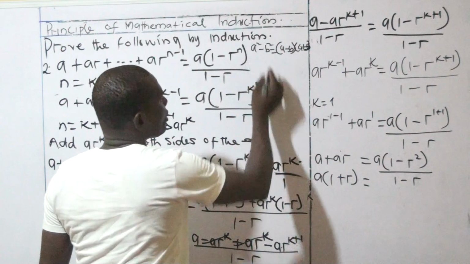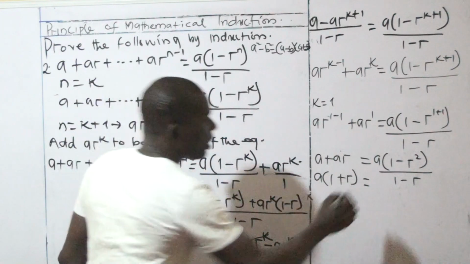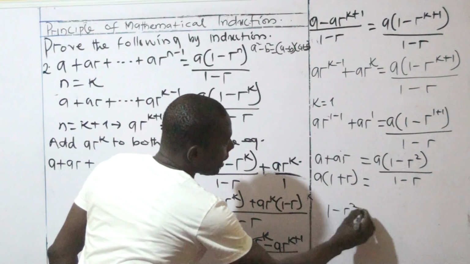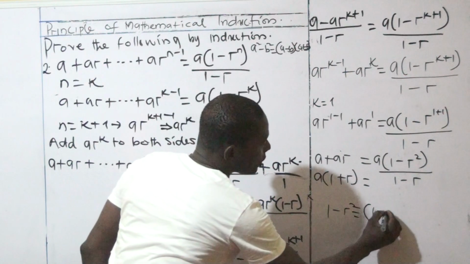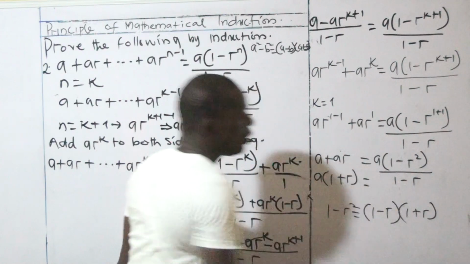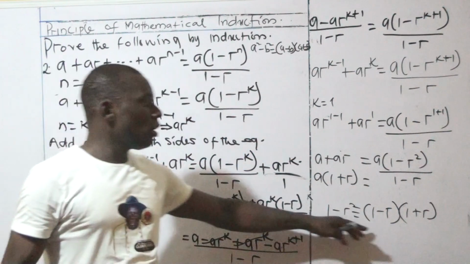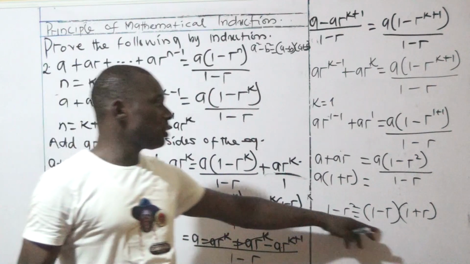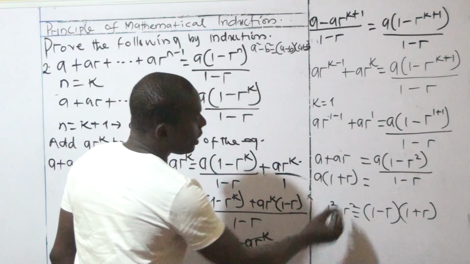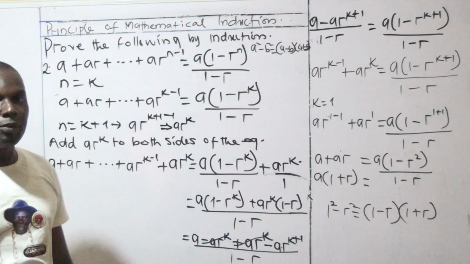So we are using difference of two squares: 1 minus r square is the same thing as 1 minus r open bracket 1 plus r. The application of algebra. So difference of two squares. Recall this 1 can also be 1 square.